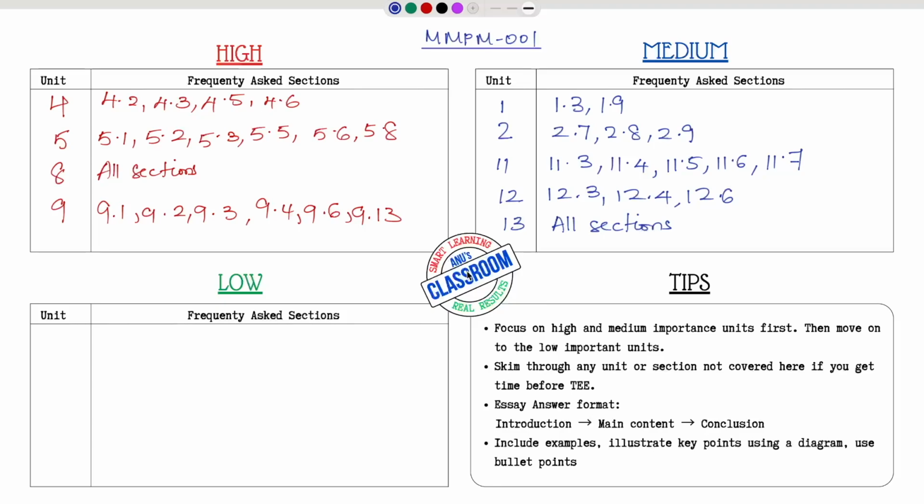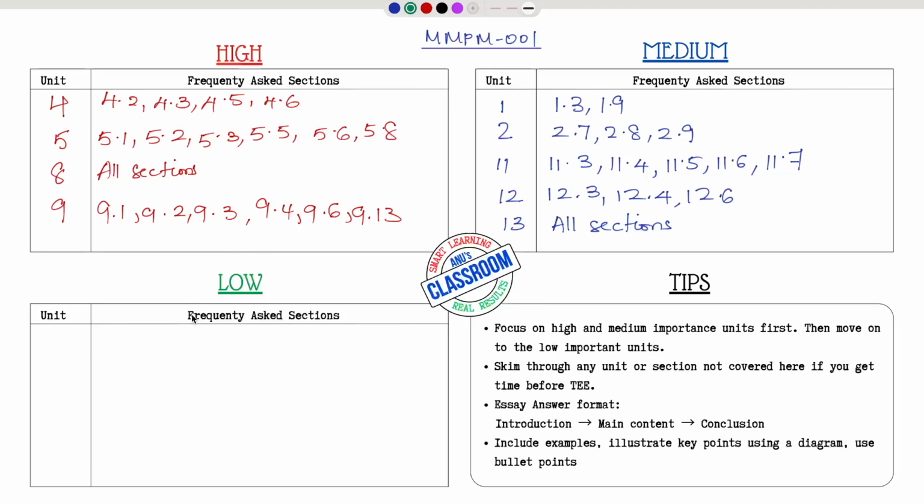Okay, now coming to the low priority units. Why these are low priority is because the number of questions asked in the term end examination is very, very less compared to the high or medium importance units. But what you must understand is that questions have been asked from these parts. It is not like they have not been asked. I'm only including those sections or units from where questions have been asked.